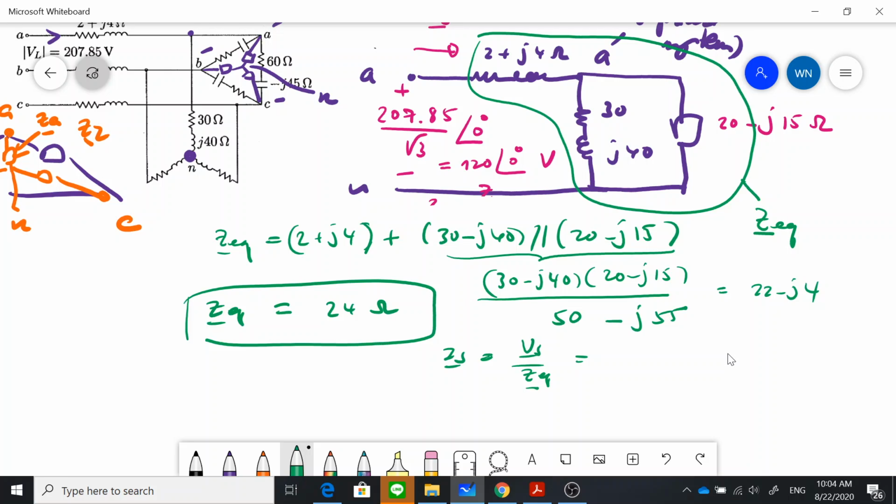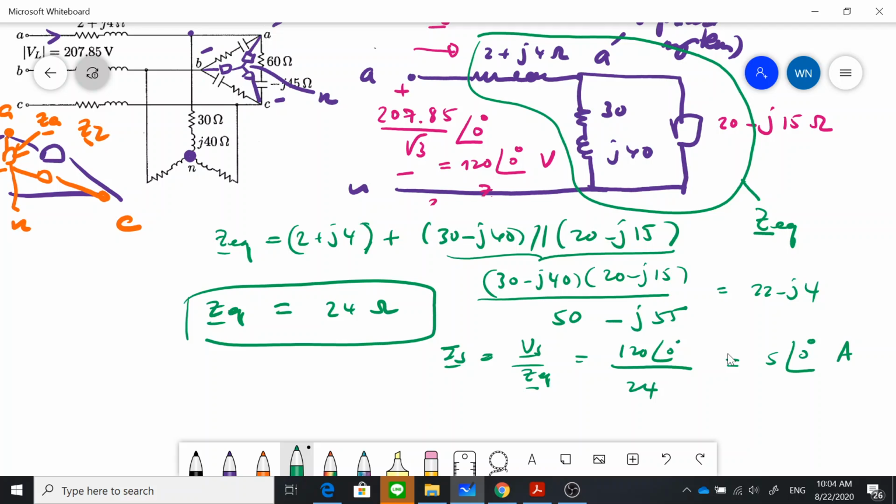In this case, this is 120 angle of 0 divided by 24. So 120 divided by 24, you should get 5 angle of 0, because in this case this is the reference and there is no reactive part for the ZEQ as well. So you get the total current supplied by the source, it is 5 amp.